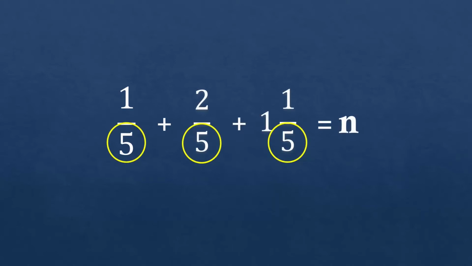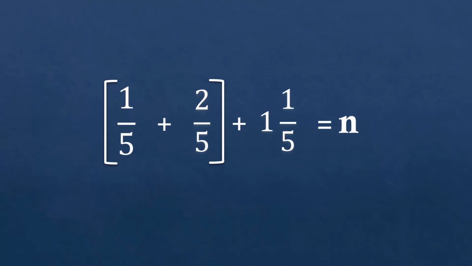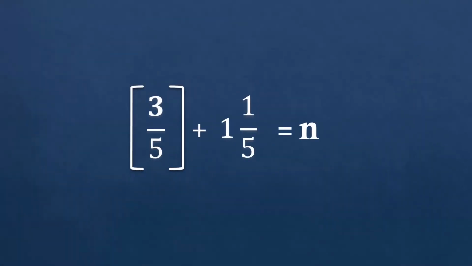We can also observe that the bottom numbers are alike. These are like fractions or similar fractions. In this case, we can simply add the numerators, then just copy the denominator. Let's get it done. Let's try grouping them. Now, we have 1/5 + 2/5 + 1 and 1/5. So, 1/5 + 2/5 is equal to 3/5.